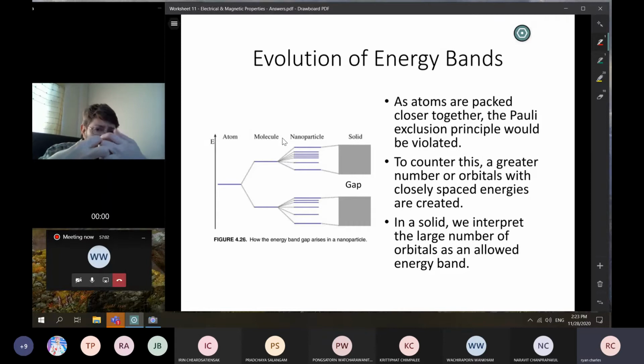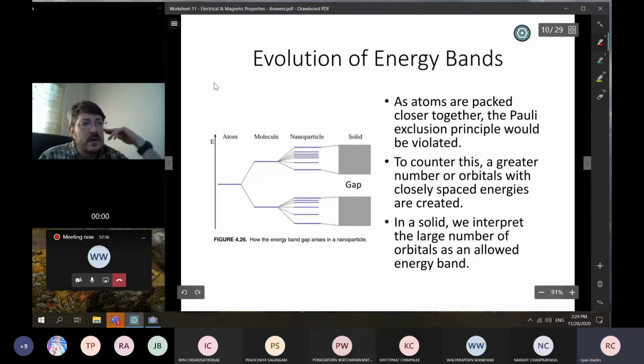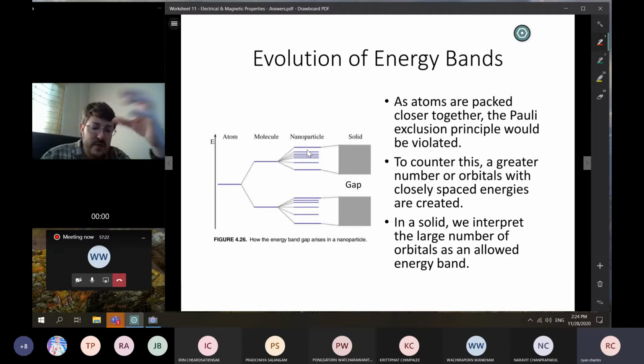Well, if they're identical, the electrons would be violating exclusion if we just smash these two together. So one electron might go up in state, one might go down in state, right? So you see we get two bands here. Then we start cramming a bunch of molecules together, right? So we have all of these similar atoms with all their identical electron orbitals smashed together.